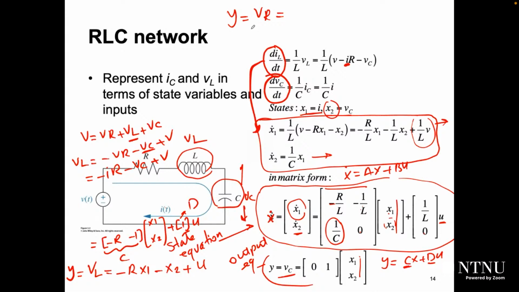Of course, VR is I times R, so it will be R times x1. So my output equation will be R, 0 multiplied by x1 and x2, right? So the output equation is something which we need to decide. The most important thing for us is to develop the state equation.